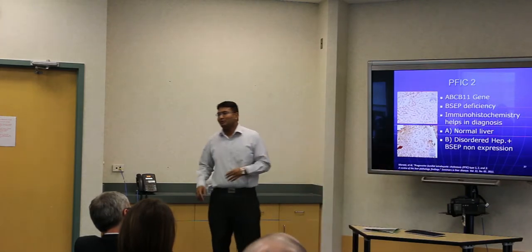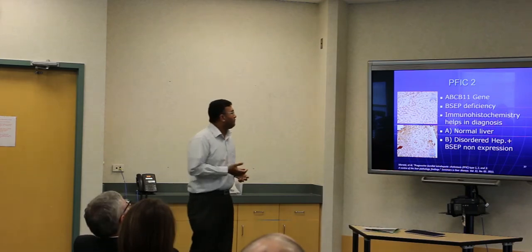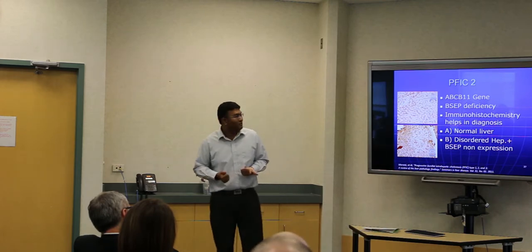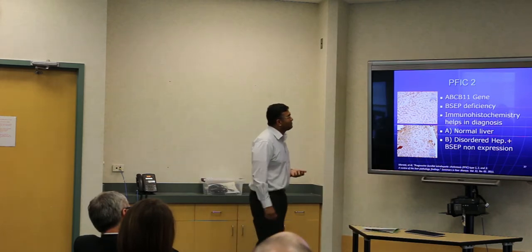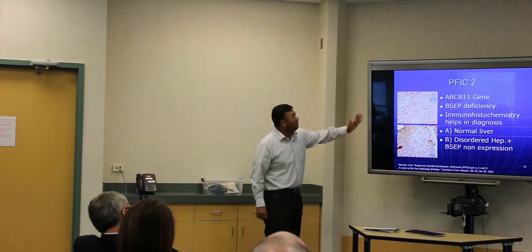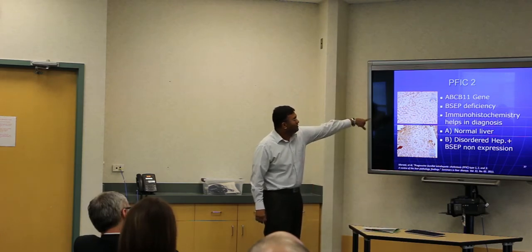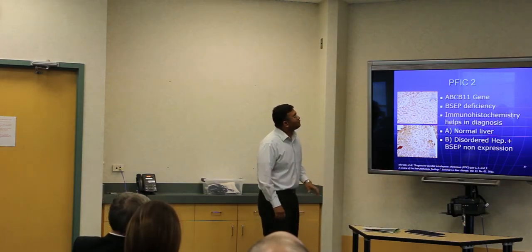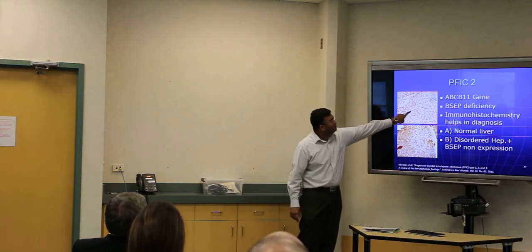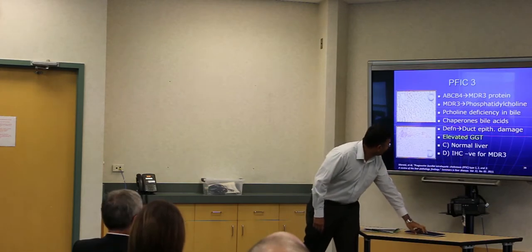PFIC2. So type 2 is a deficiency in BSEP, which is bile salt export protein. Immunohistochemistry here helps you in the diagnosis. When you do immunohistochemistry, antibodies are made against BSEP, and the liver sample is stained. What you see up there in A is a patient with a normal liver, where BSEP stains.